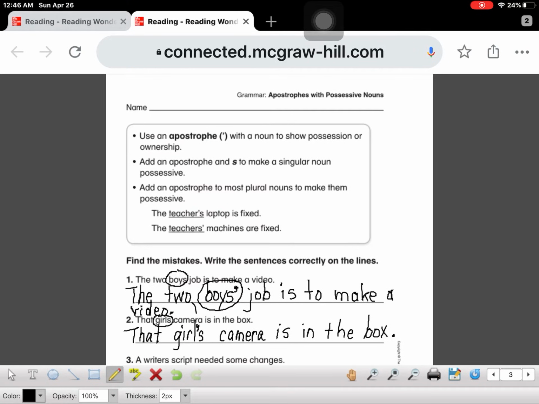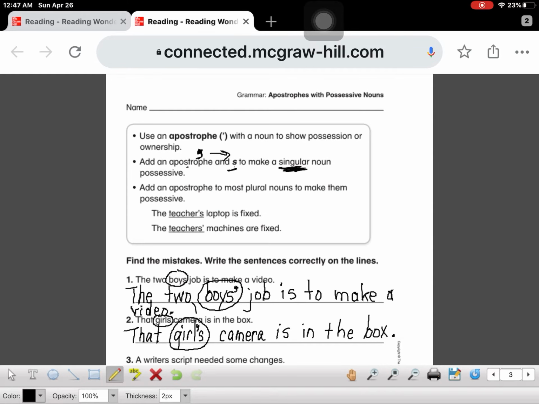Since it's a singular noun, we're going to add an apostrophe with the S. An apostrophe and then your S. So that is a way to help you figure that out.